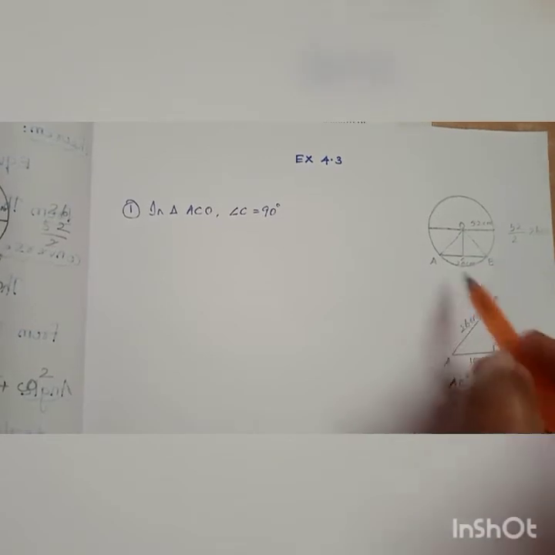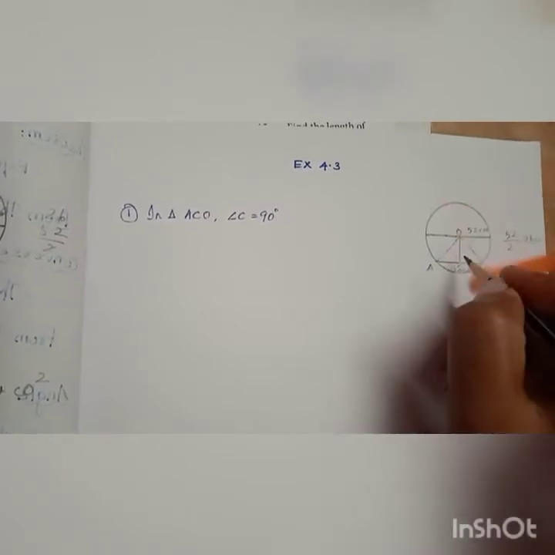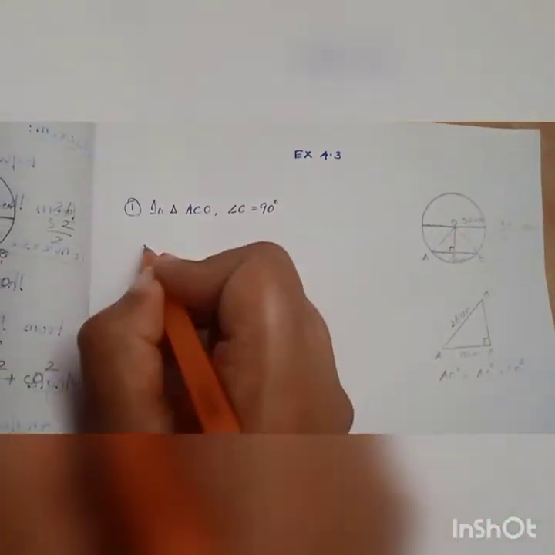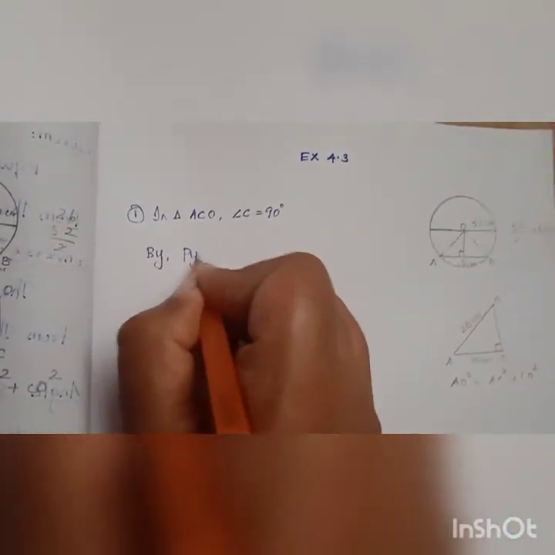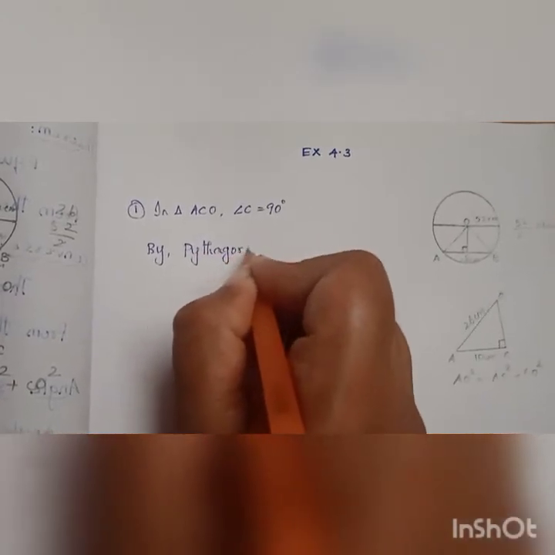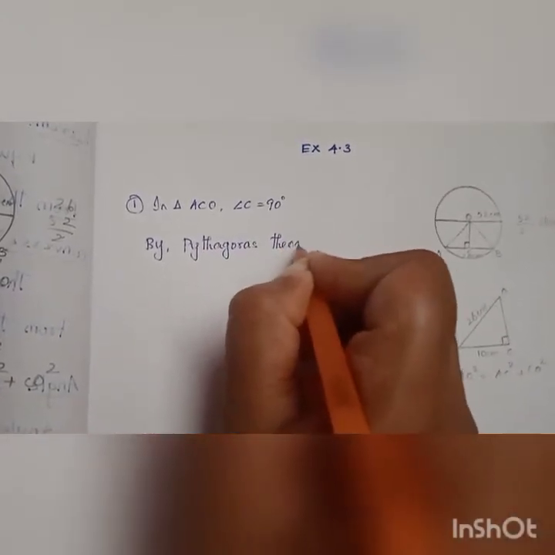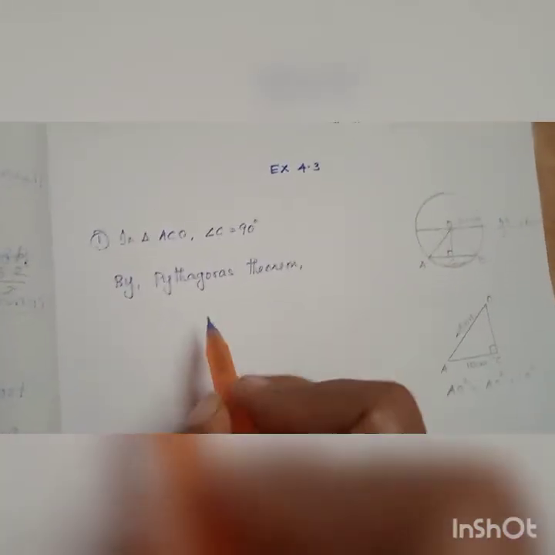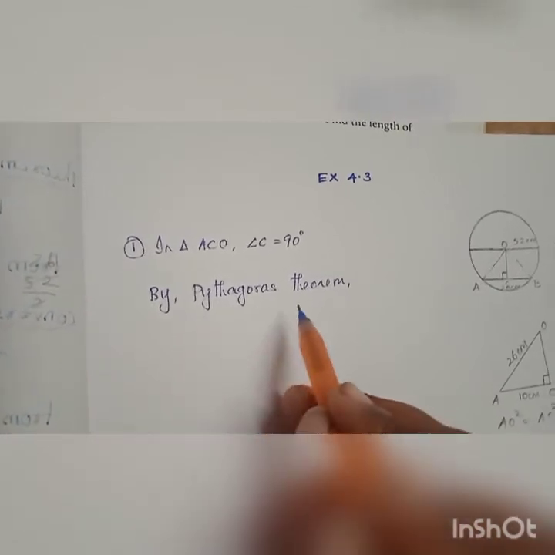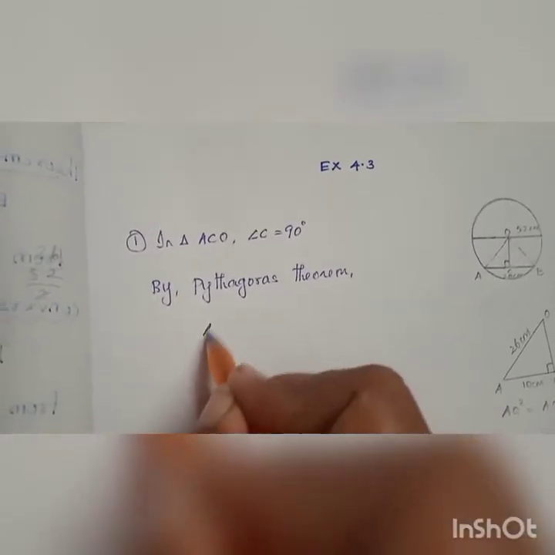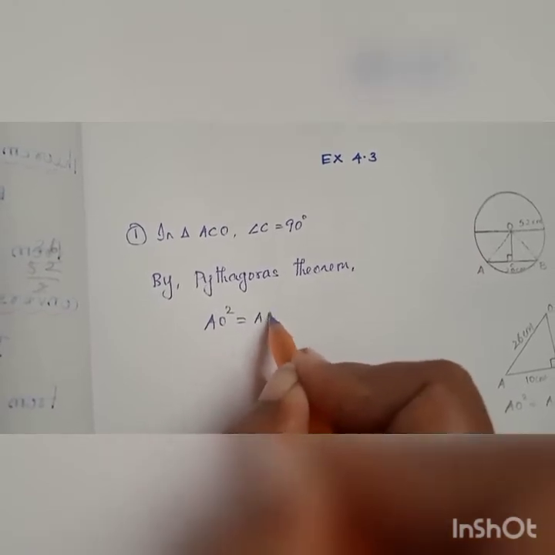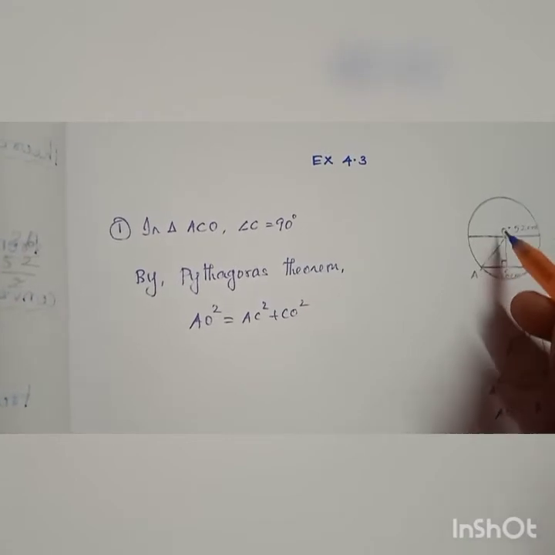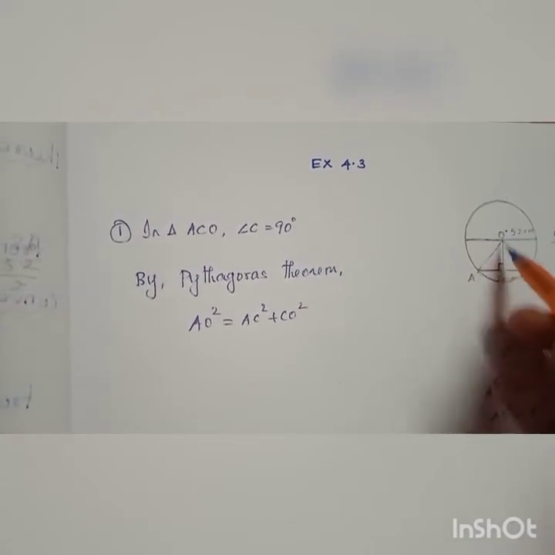It is right angle at C. Therefore, by Pythagoras theorem, both British and American English say it the same way. We can say that AO square, this is hypotenuse, is equal to AC square plus CO square.